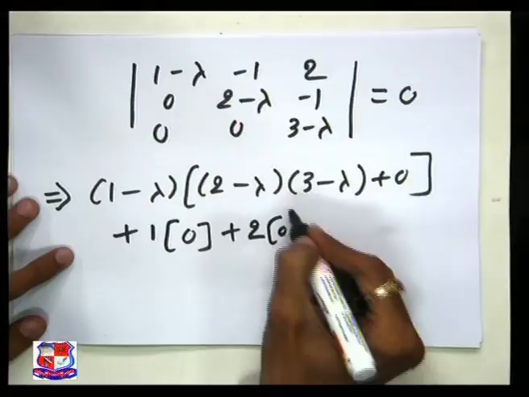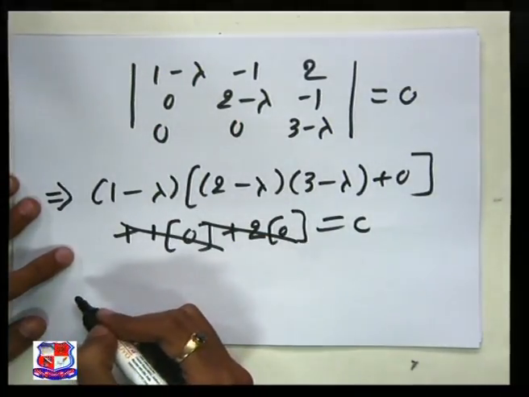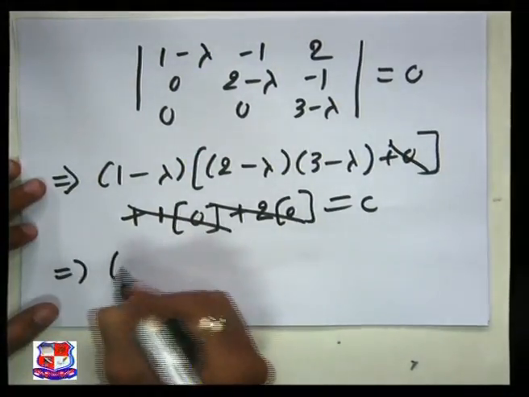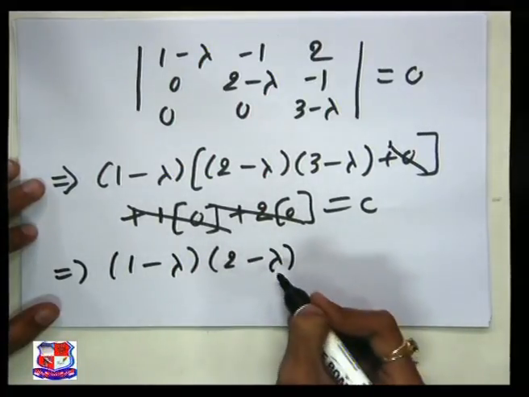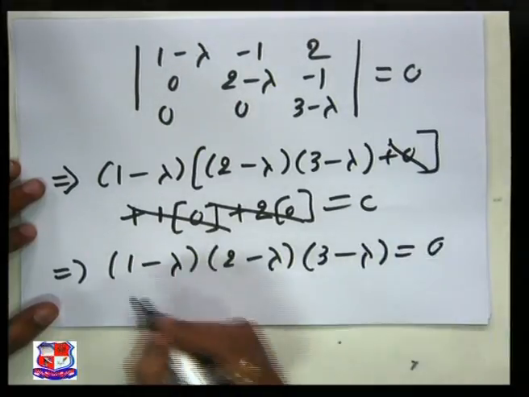So the brackets will be 0, and all these terms vanish. After all, we get (1 minus lambda)(2 minus lambda)(3 minus lambda) equal to 0.